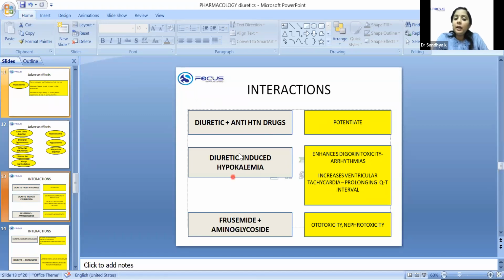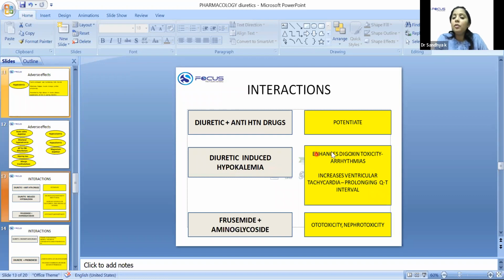Now, we have seen that one of the main adverse effects of furosemide is hypokalemia, right? Now, imagine that this patient in whom we have given a diuretic and there is hypokalemia is a cardiac failure patient.